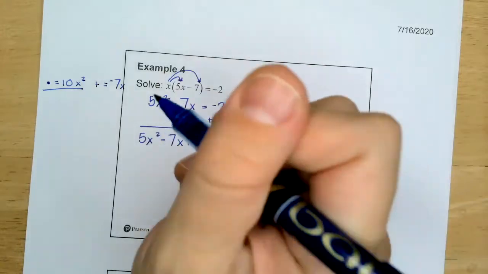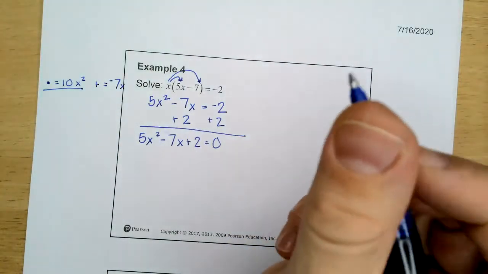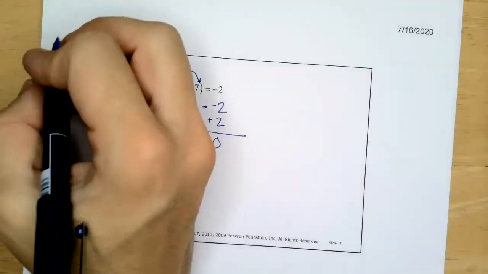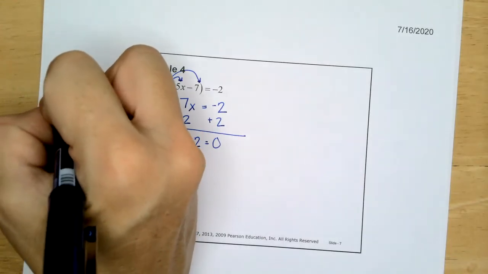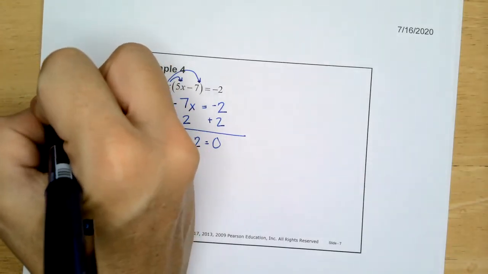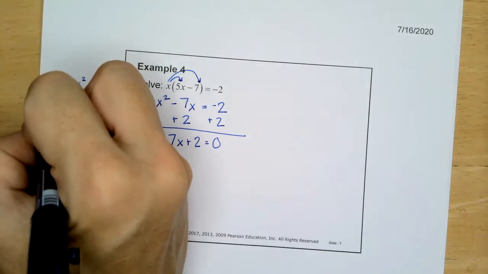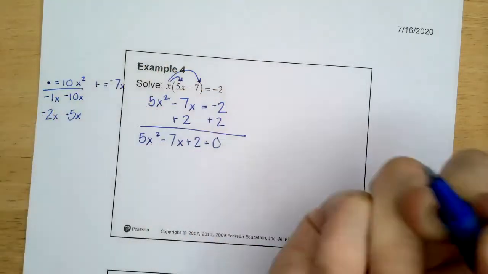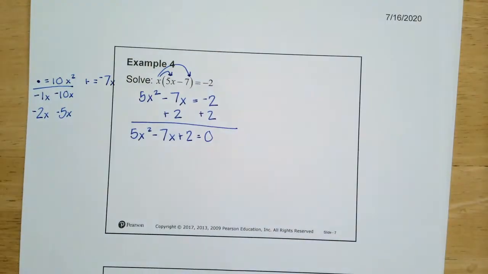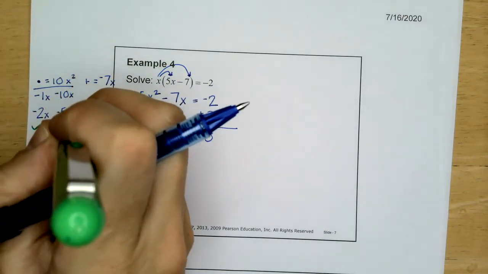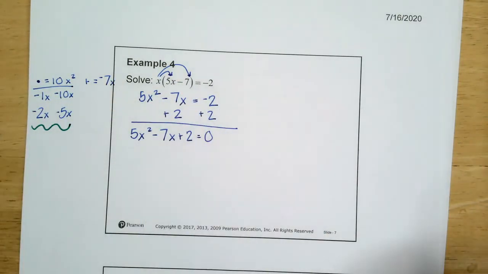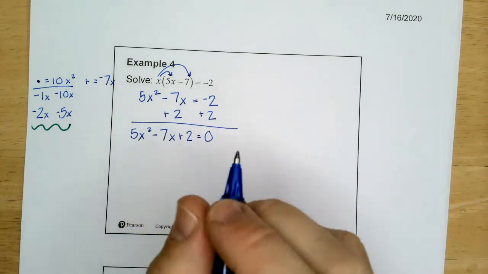If it's adding to a negative and it's multiplying to a positive, that means both factors have to be negative. So it could be -1x and -10x, or it could be -2x and -5x. Do either of those work? Yes. This one works.